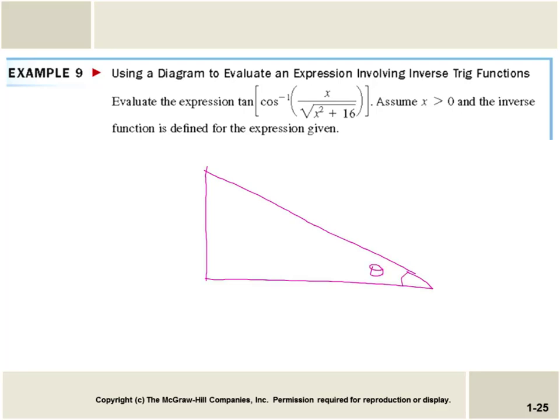And the cosine of theta, basically the inside part, because I can take the cosine of both sides, is equal to x over the square root of x squared plus 16. Isn't that true? Okay, so how do I put anything on this triangle?